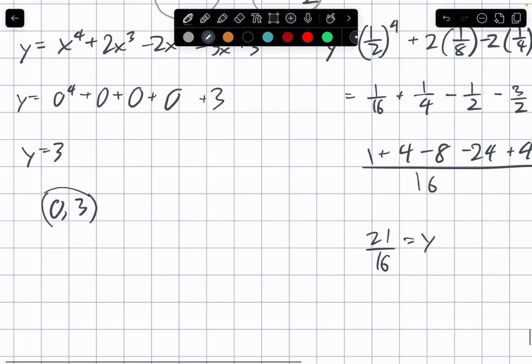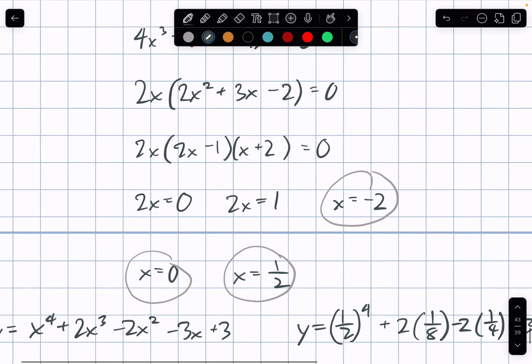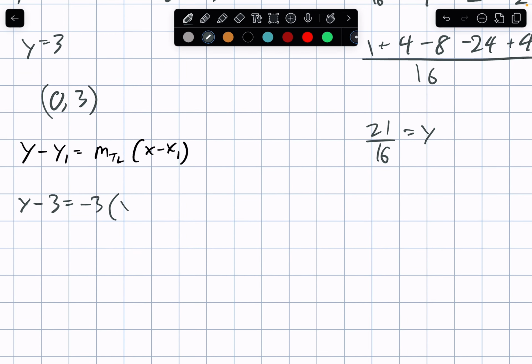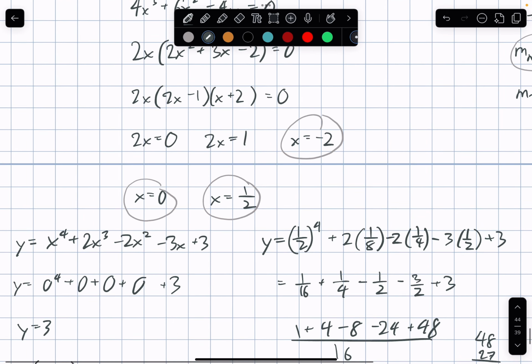By the way, going back to 0, 3, we can already use the point slope form. So y minus y1, y1 is 3. MTL is what? It's equal to negative 3. Okay, this is one equation of the tangent line.